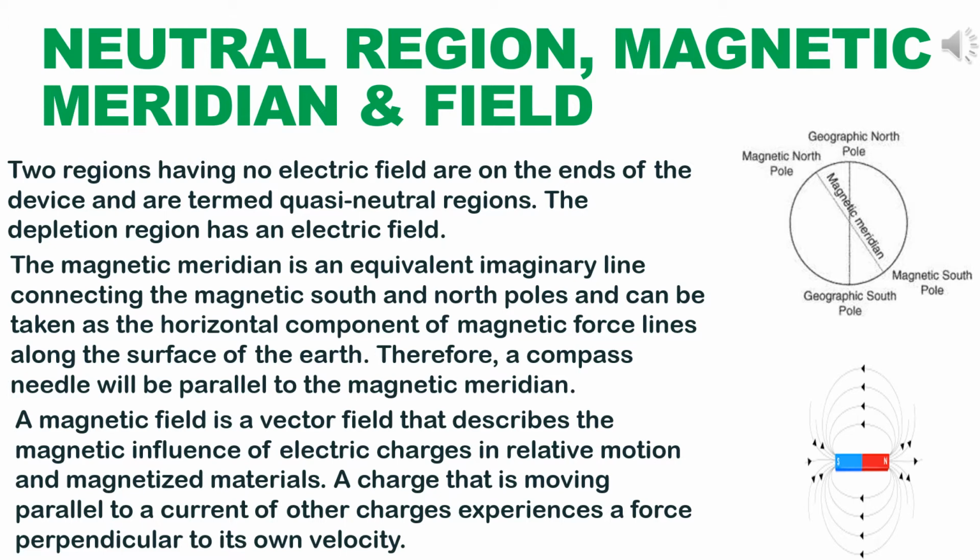The region around a magnet where its magnetic force is exerted on magnetic poles placed there is called its magnetic field. Now see the diagram. Magnetic meridian you have understood like this, and the second diagram is for magnetic field. How the magnetic field extends around a bar magnet has been shown over here.